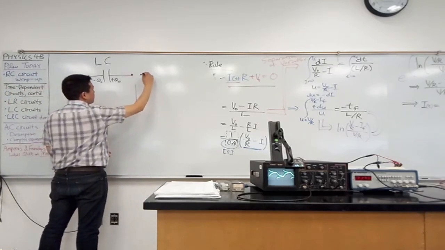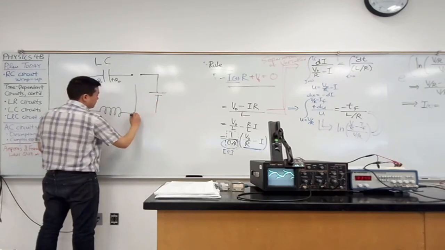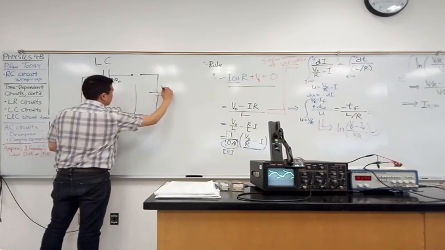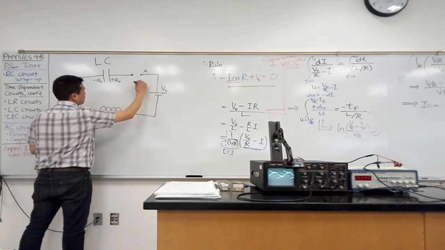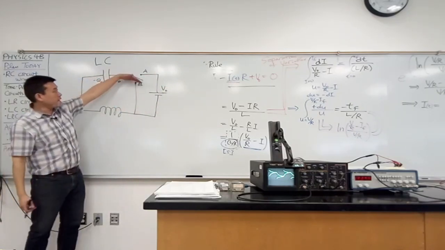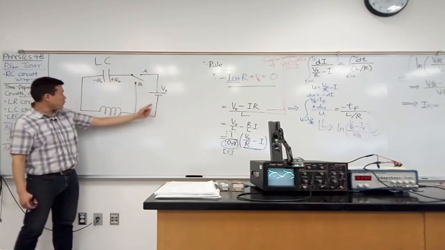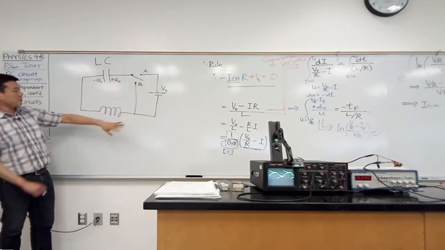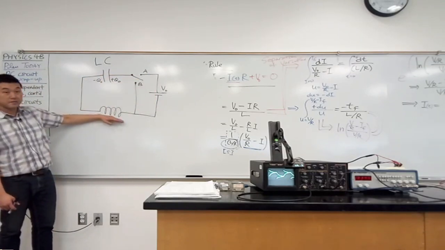So you can imagine that there's going to be a battery here. When I have this battery of voltage V naught, call this point A, point B, and another switch here again. I imagine connecting this switch to A. This battery applies a voltage difference. So the charging is going to look a little bit complicated because of this inductor.